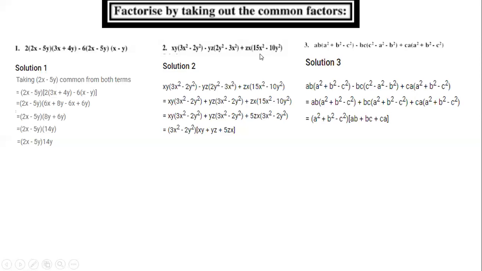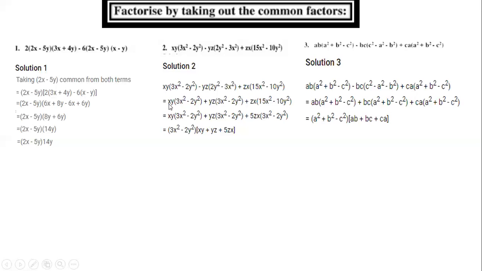In the third one, if I take 5 common, because of 15 and 10, then we are left with 3x square minus 2y square. So the first and third terms are the same. We have to change the second term, changing the positions of 3x square and 2y square. In these two, 3x square has a positive sign, but in the second term it has negative. So take out the minus common from this second term. Write the equation itself.